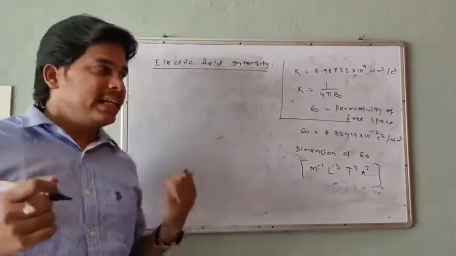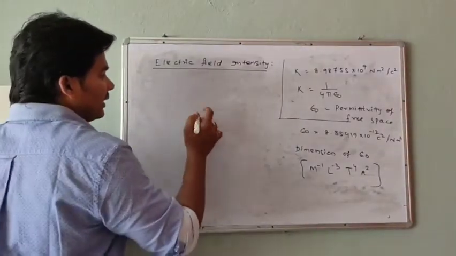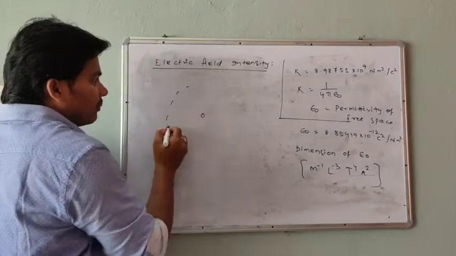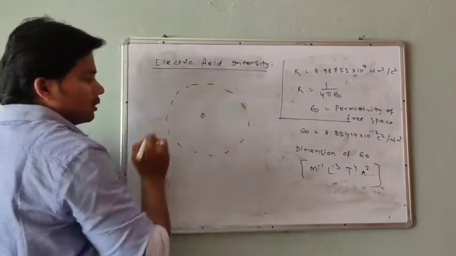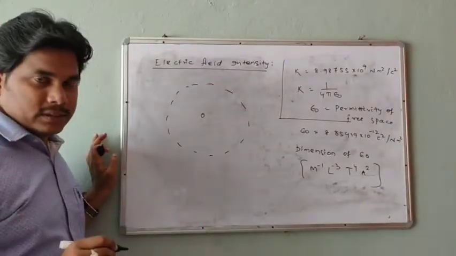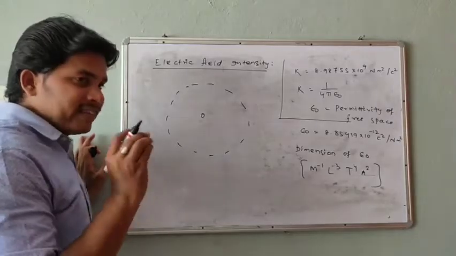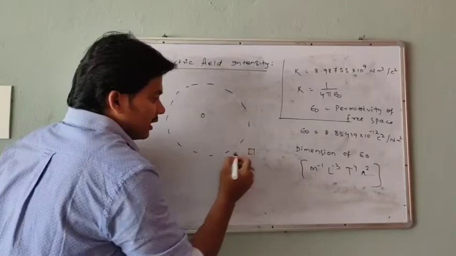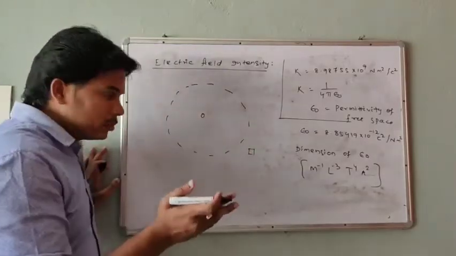Let's take an object which has a space around it in which the gravitational force will be experienced. If you take another object outside that space, it is not directly affected by the gravitational force.